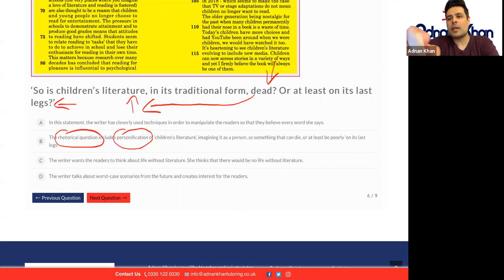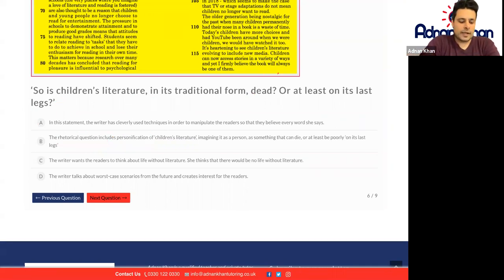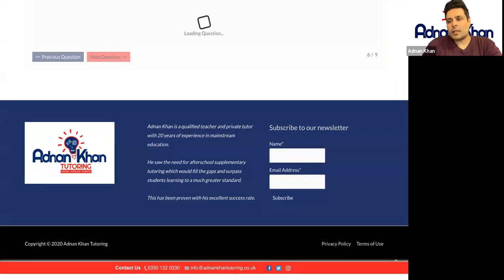On the same side, we're saying, or is it on its last legs? So last legs means a human characteristic. So this means that it's personification, right? That's the meaning of personification. So what's the answer for this one, Ira? B, yeah, good. Well done.